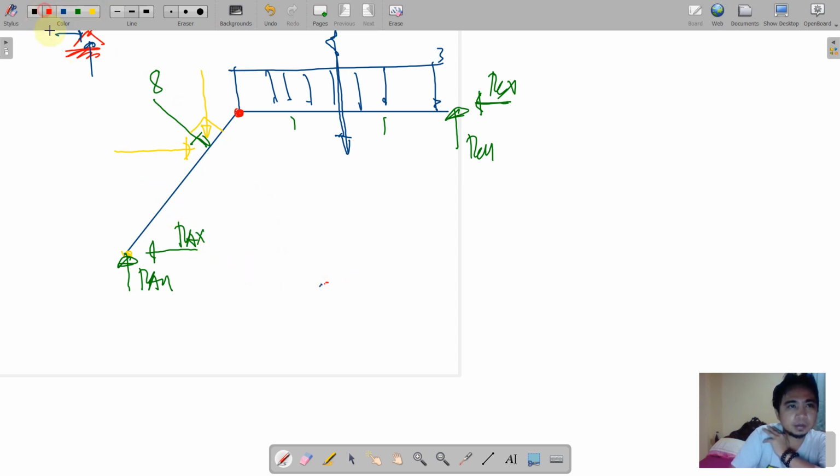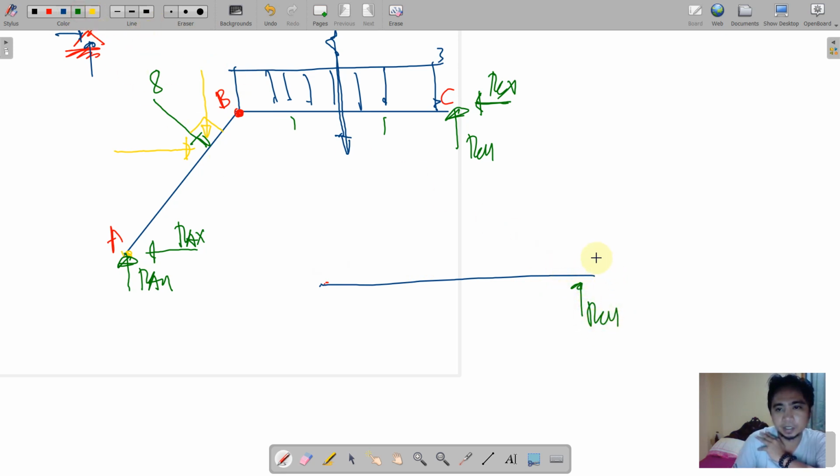So, if I'm going to label this as A, B, and C, we will be having a free body diagram, a separate free body diagram for BC. So, dati na tayong merong RCY dyan, at RCX doon. Okay?